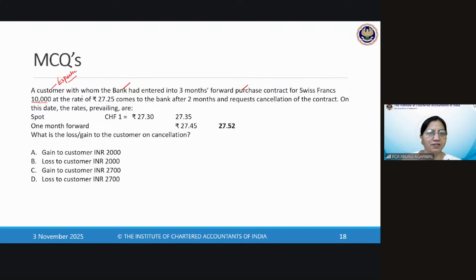So for exporter, bid rates are applicable. Comes to the bank after 2 months and requests cancellation. On these dates, the rate prevailing are this: Swiss franc rates today and 1 month forward. What is the loss or gain to the customer on cancellation?